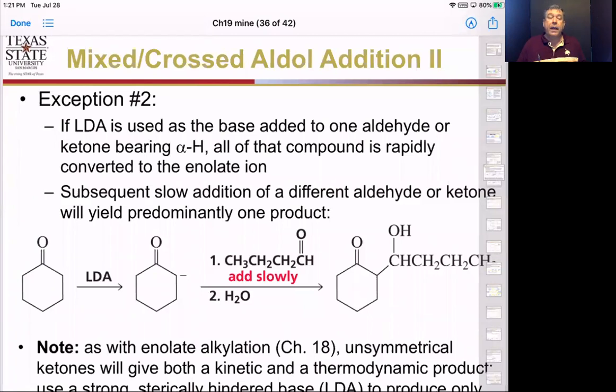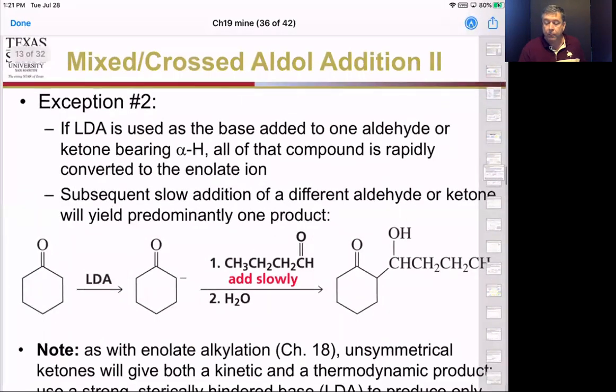If we have one substrate and we add our irreversible base to it, and then we wait until all of that substrate has had those protons removed, then we slowly add our second aldehyde or ketone. We can get our crossed aldol product selectively, because we've deprotonated only one of the two species.